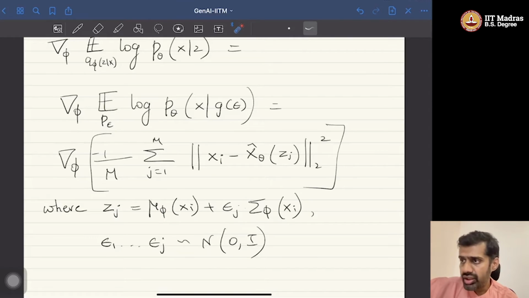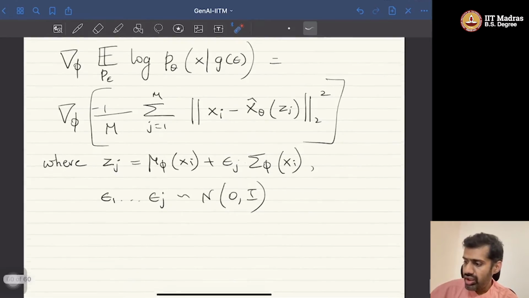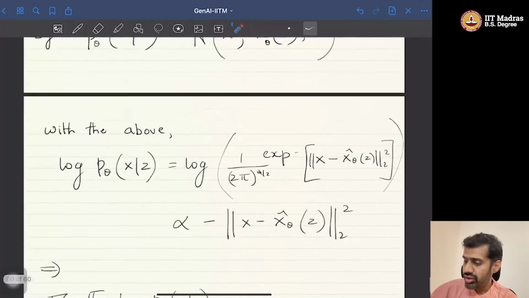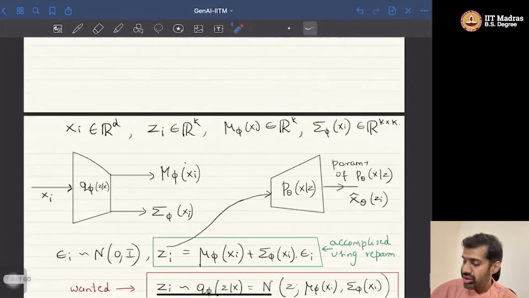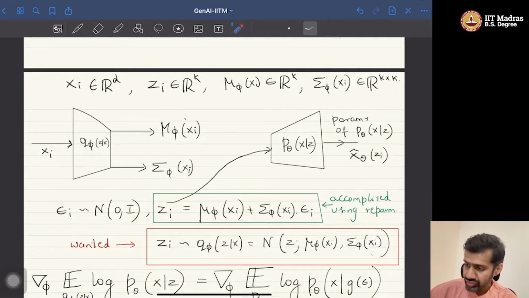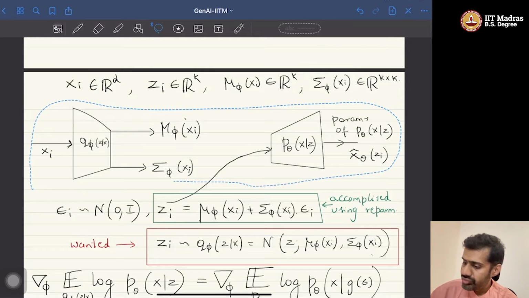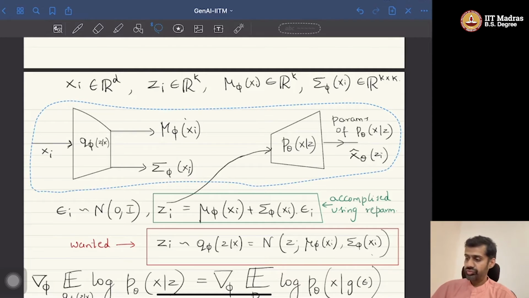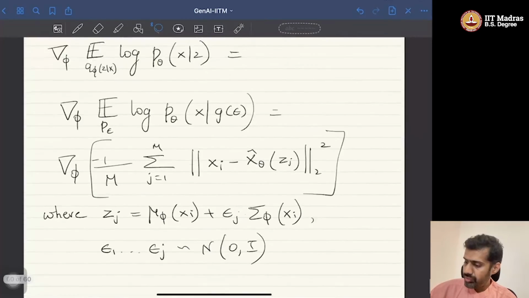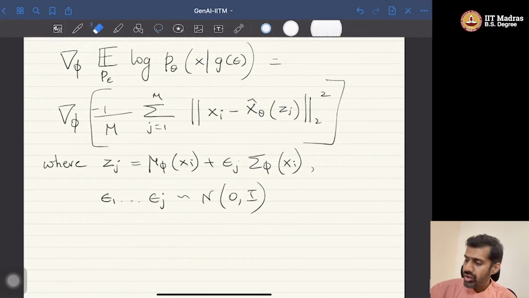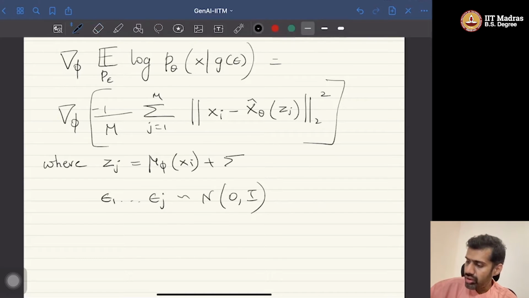Let us look at how the gradients for this particular term operate. Let me copy this diagram because I need it now.